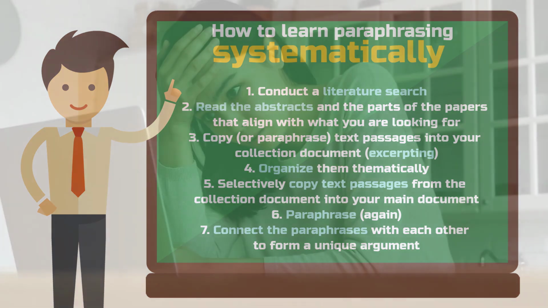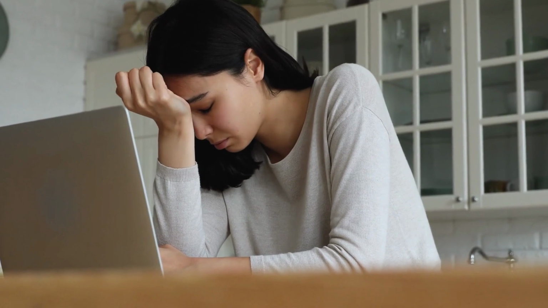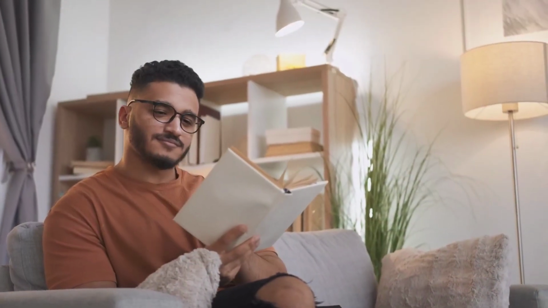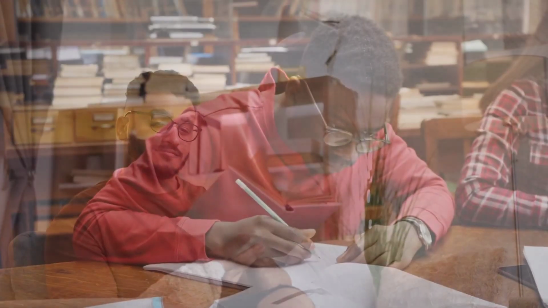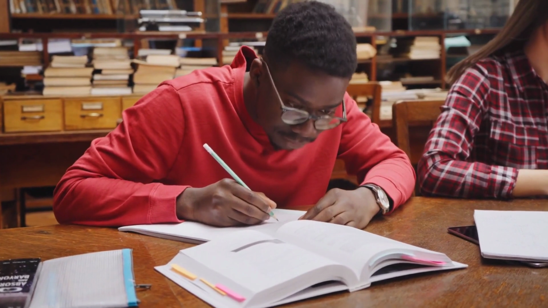If you mix up these steps, it will quickly become confusing. There is nothing more frustrating than having to go back to your literature search because you realize that you haven't collected enough text for your particular paper that you can paraphrase. But now it's time to practice, practice, practice.